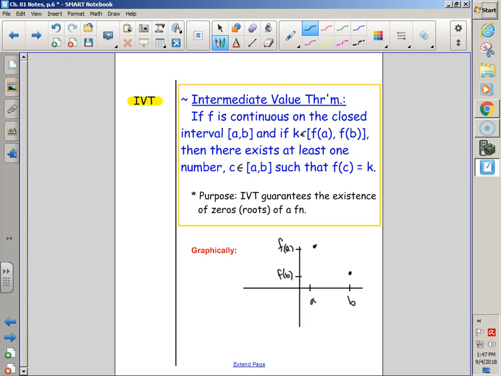I don't know. But if I somehow connect this point with that point with a continuous function, is there any way to skip over any k in between those two y values? Is there any way to skip over all of those different y's? No. Now, how many times am I going to pass through? Maybe once. This is going to pass through all of them at one point if I were to cut that.